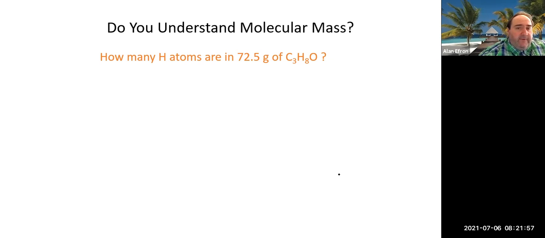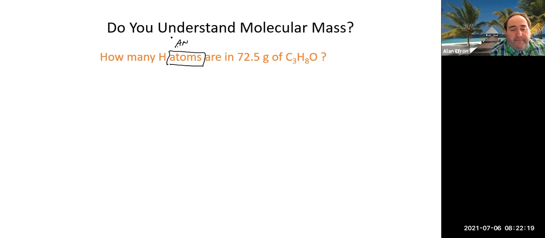Here we're looking for how many hydrogen atoms there are in 72.5 grams of C3H8O. So a couple important things. Obviously, we see something about atoms, so probably Avogadro's number is in play.